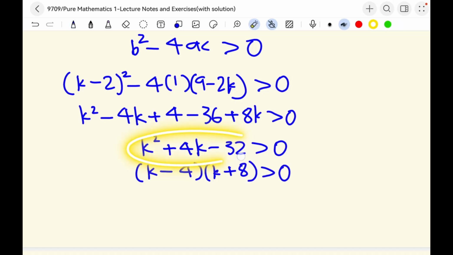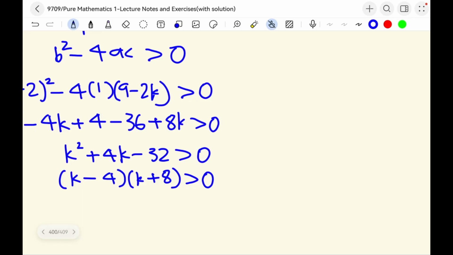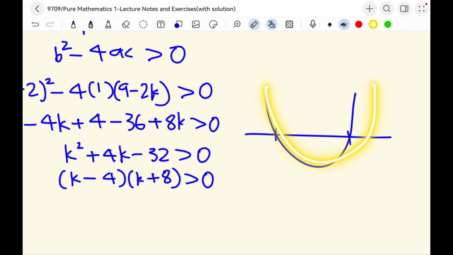When this equation is equal to 0, now you can use the graph sketching method or the line diagram, but I'm encouraging you to sketch a quadratic graph. Remember, it's a smiley face, which is the positive quadratic. Okay, the positive graph. Negative 8 and 4.